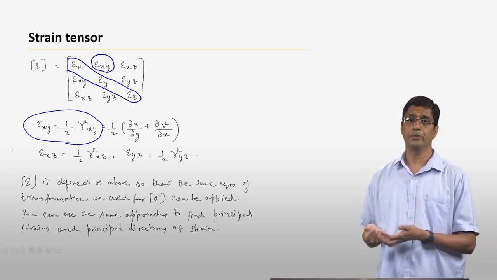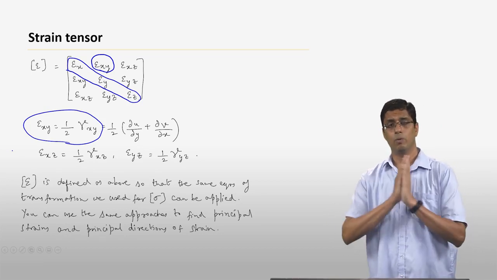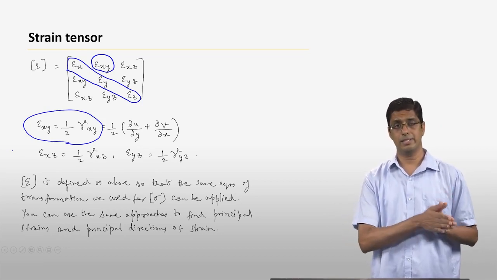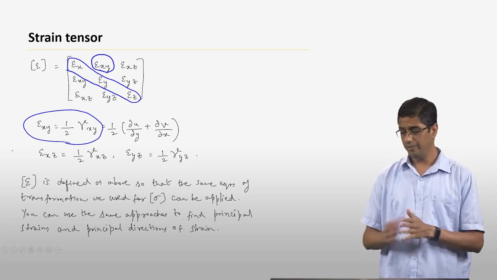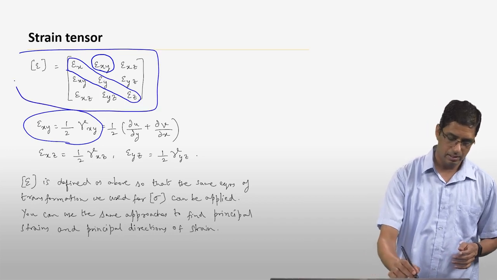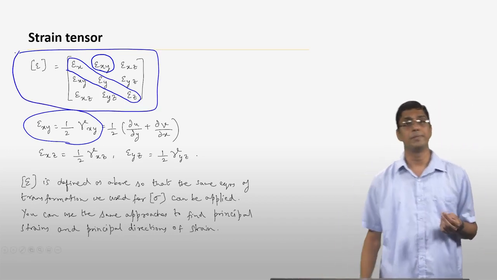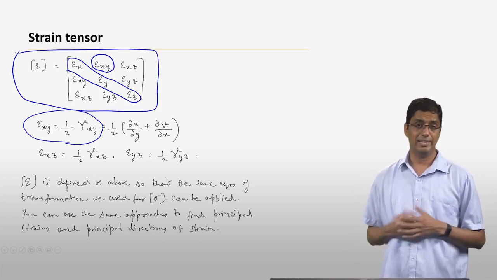The same approach can be used for finding the principal directions of strain, and so on. Whatever you learned for stress tensors can be directly applied to strain tensors if we define the strain tensor in this manner. We'll look at one specific example of where you can use strain transformations to do something useful in the next lecture.